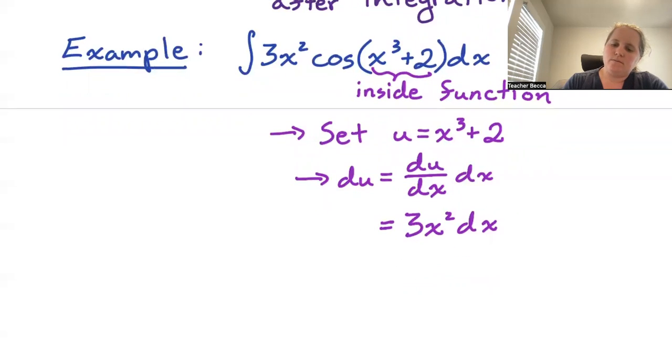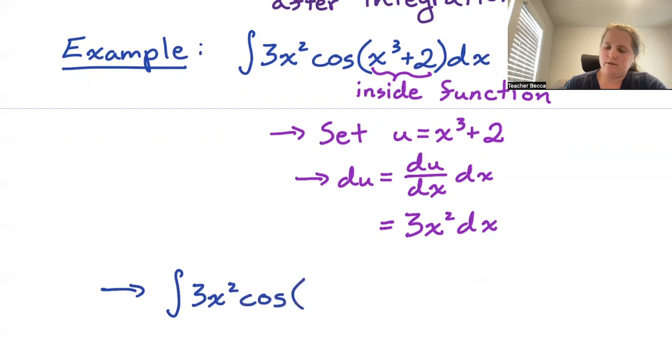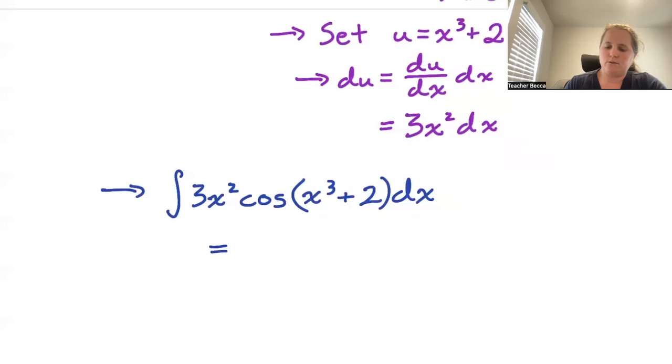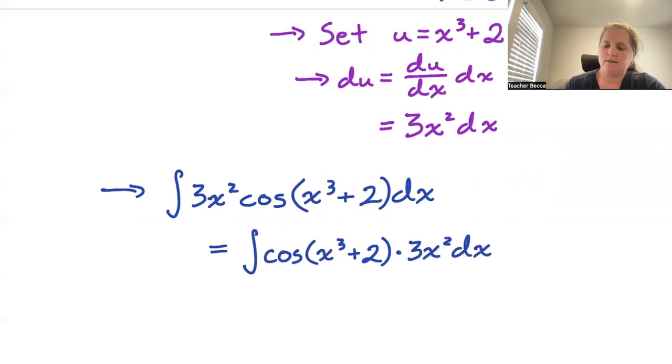Then our integral of 3x squared cosine of x cubed plus 2 dx is just the integral of cosine of x cubed plus 2 times 3x squared dx.